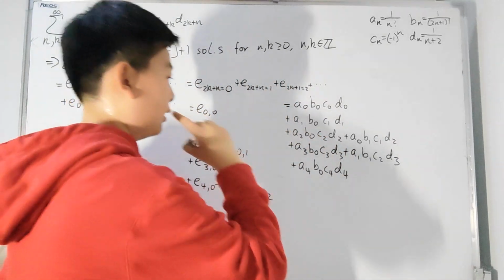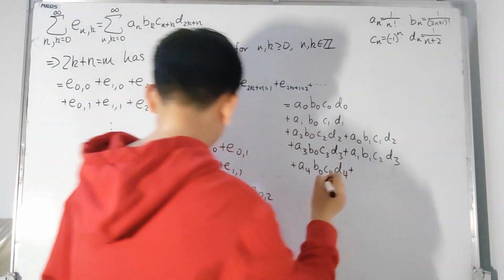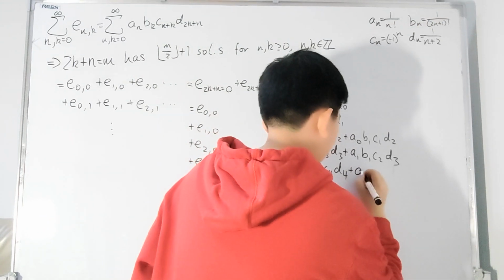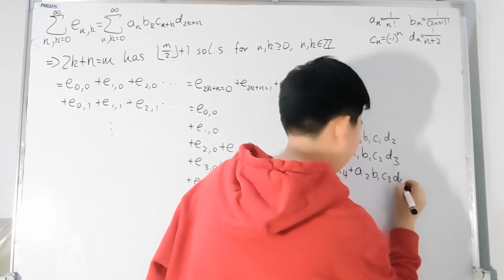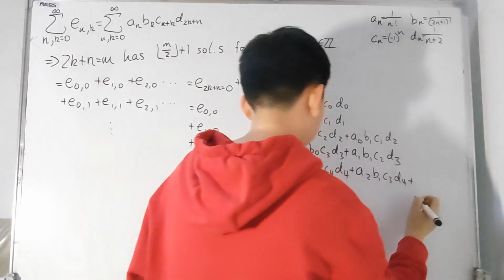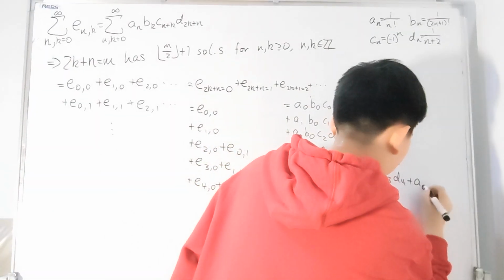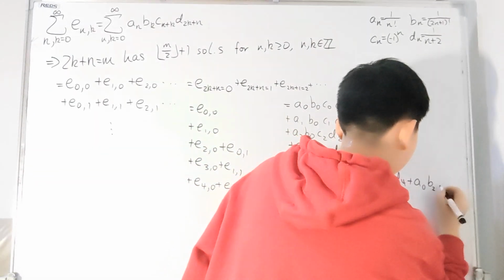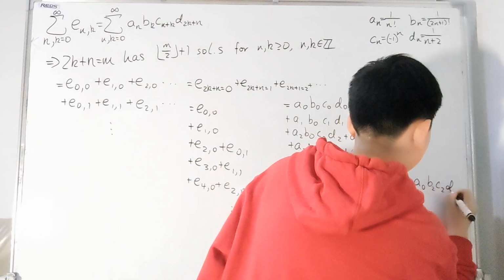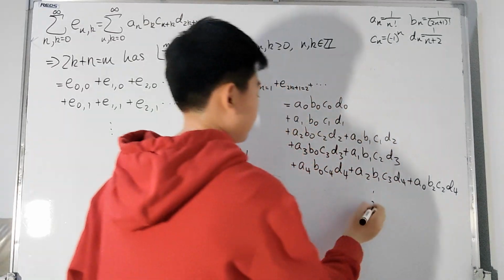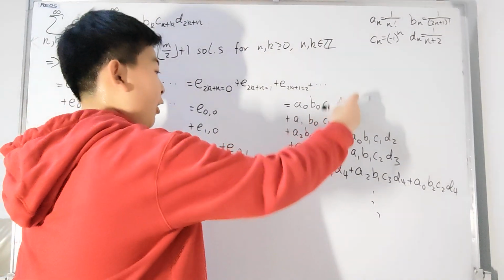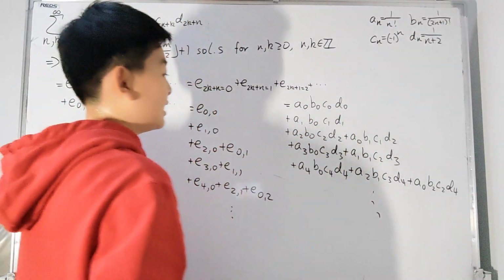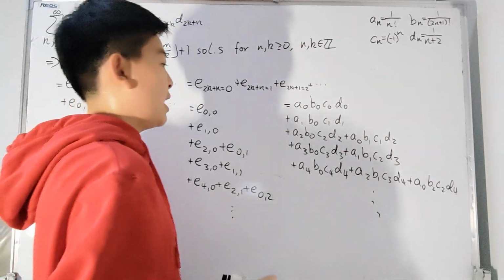And then adding a2, b1, c3, d4, plus a0, b2, c2, d4. And naturally this thing goes on forever as well. And now for every row, we can factor out dn for the nth row.